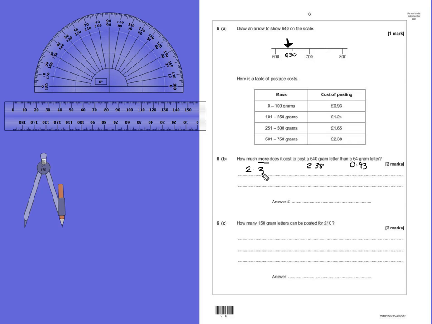Our highest amount, £2.38, subtract the 93p. 8 take away 3 is 5, 3 take away 9, we cannot do, so we're going to have to borrow a pound, so we borrow 10 from over here, that pound coin comes over here, it's going to be 13, 13 take away 9 is 4, decimal point back in line, 1 take away nothing is 1. So we have a £1.45 difference.